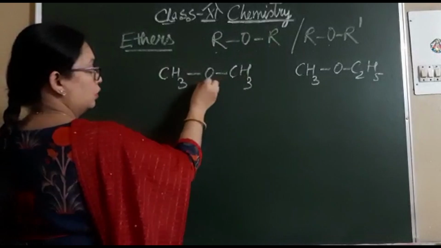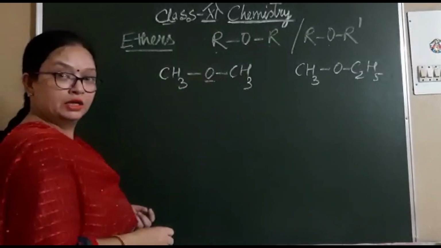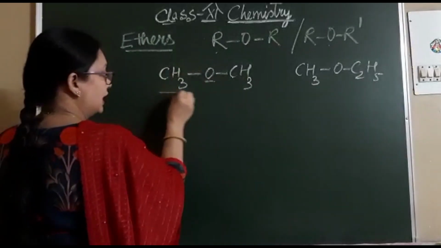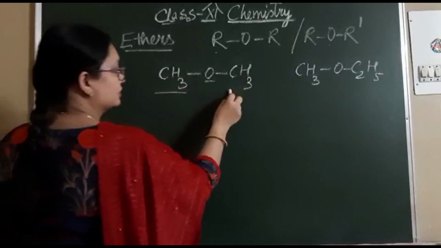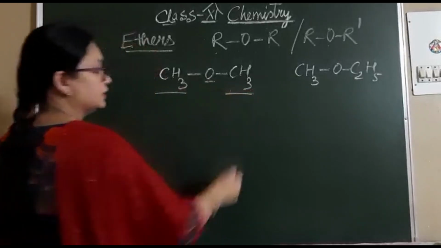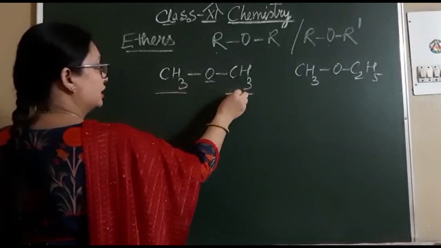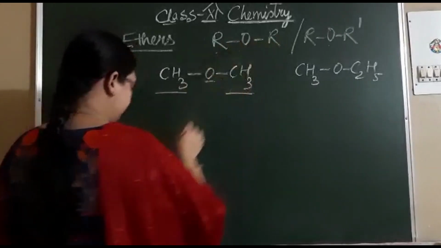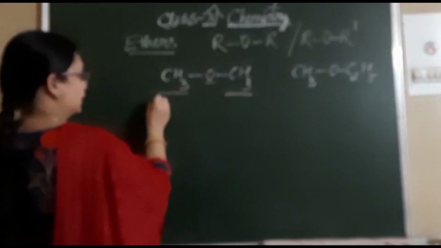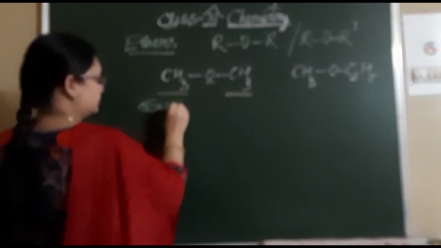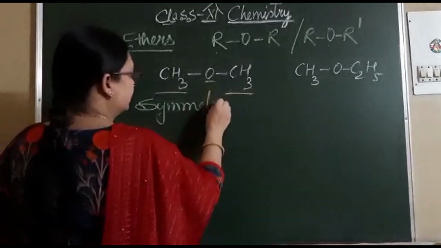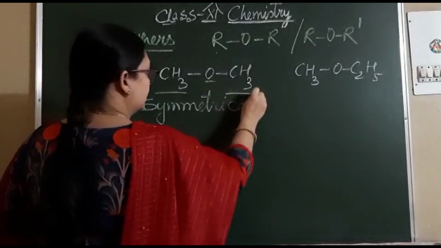So this O is the functional group of the ether, and this is the alkyl group CH3, and this is the alkyl group CH3. Clear? So here both the alkyl groups are similar, so we write ROR, and this kind of ether is called symmetrical ether.